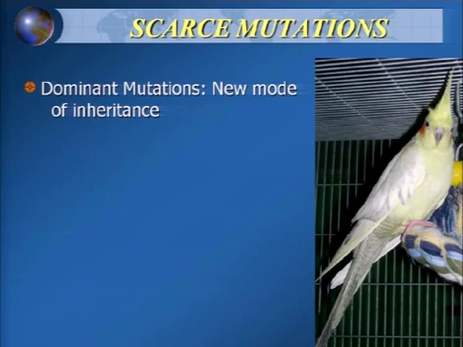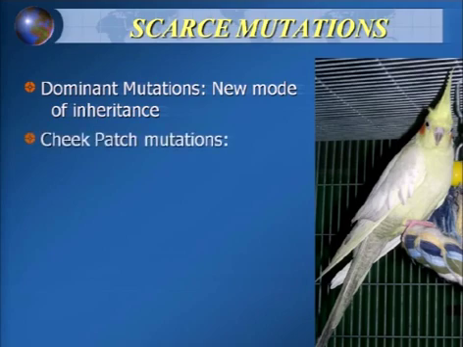All right, I wanted to mention some of the scarcer mutations. It doesn't mean they're impossible to find. It just means you're going to get them through breeders rather than find them anywhere else. The dominant mutations are a new mode of inheritance for cockatiel people, so we've got to get used to that. And I'm going to comment more on that as we see some of the other mutations.